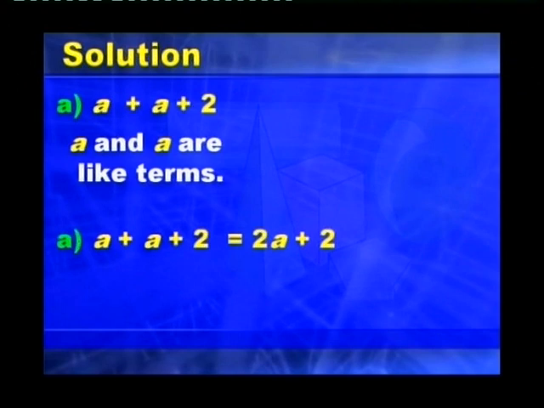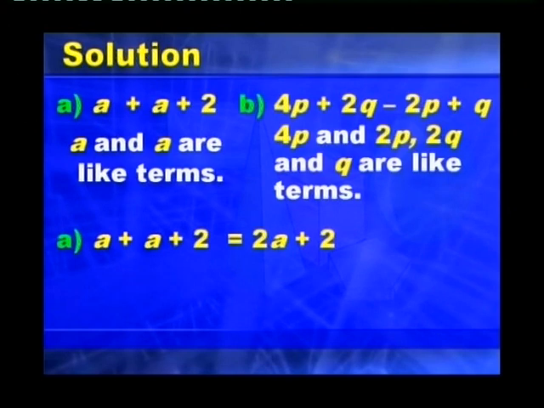Now let us look at another example. B: 4P plus 2Q minus 2P plus Q. In this example you will see that 4P and 2P are like terms. Why are they like terms?